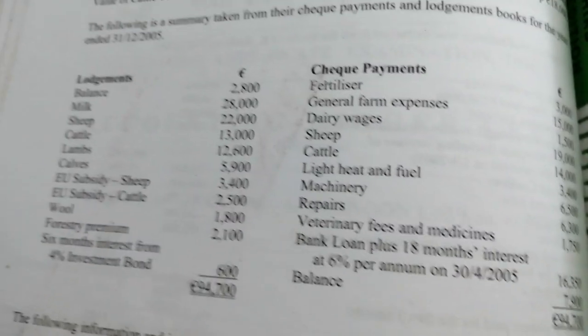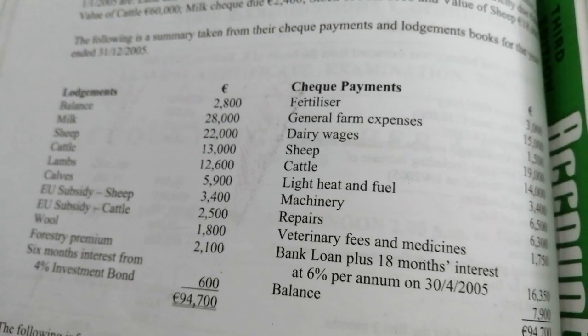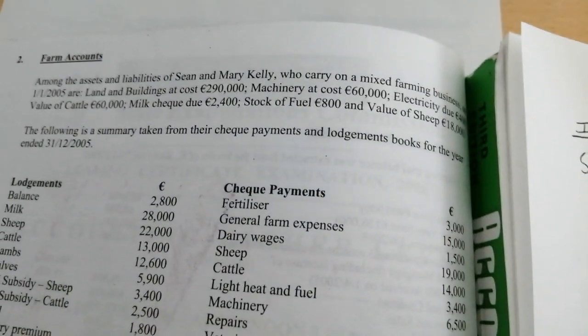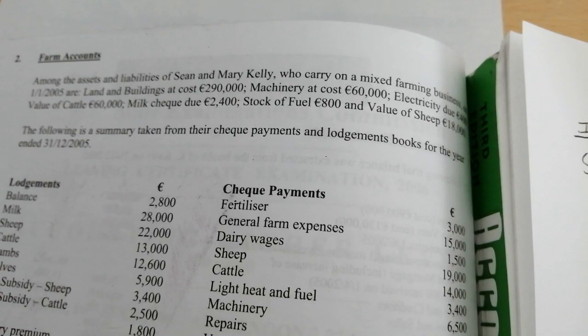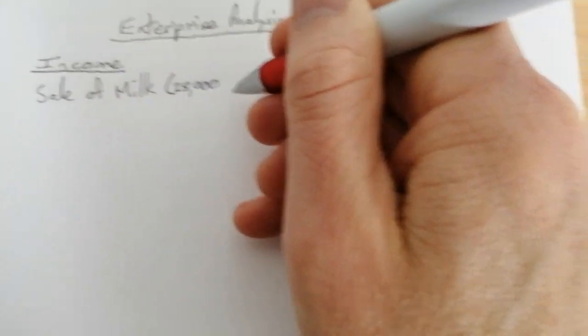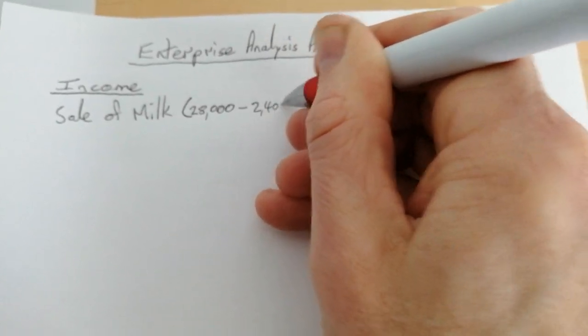So from the receipts and payments account, or lodgements and check payments if you like, it says milk 28,000. So over here 28,000, and then we had money that was due at the start of the year, milk check due 2,400. So that's for milk that you produced last year, so we want to subtract that from the amount you received this year, so minus 2,400.